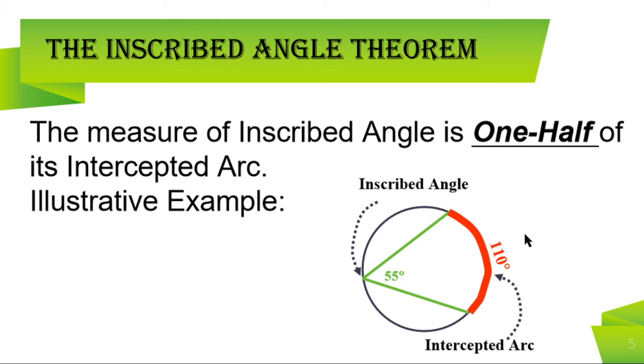And vice versa, if we are given the value of the intercepted arc, we need to get its half, so that is 55 degrees, to get the measurement of the inscribed angle. So that's the technique for getting the inscribed angle and also the intercepted arc.